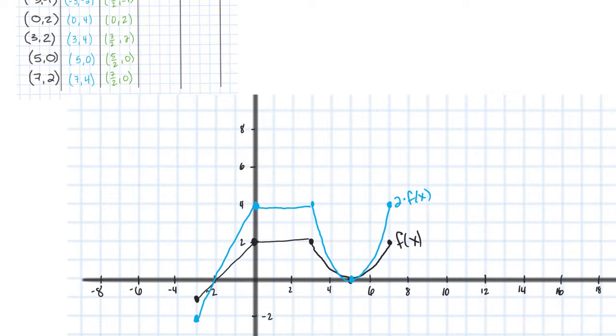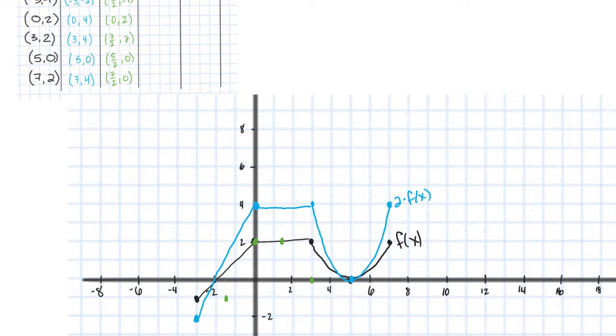-3/2, -1 is (-1.5, -1). So -1.5 is about right here, and then we want to go down to -1. So we're looking at this point right here. (0, 2) is still here. (3/2, 2) is (1.5, 2), so that's about here. 5/2 is 2.5, so (2.5, 0).